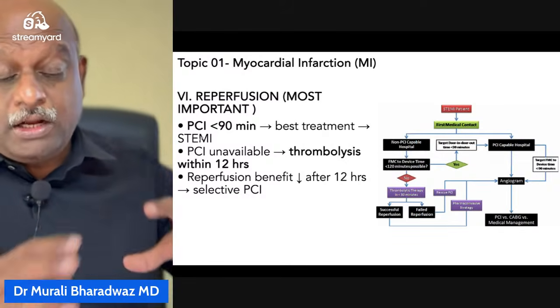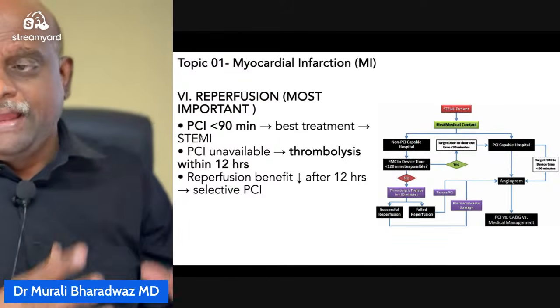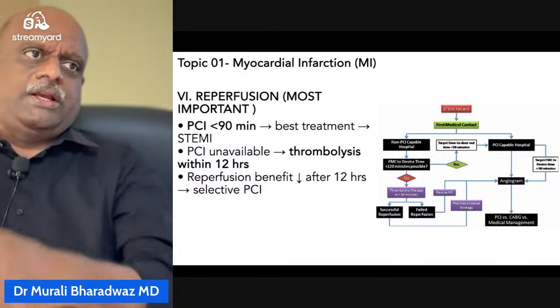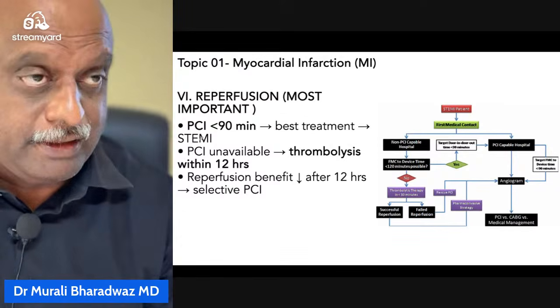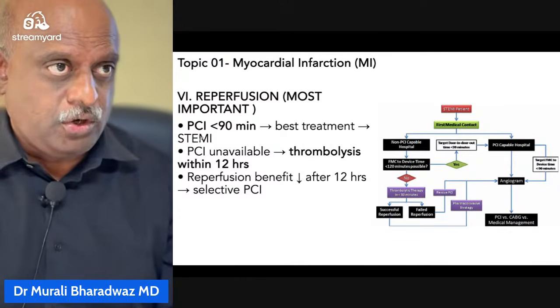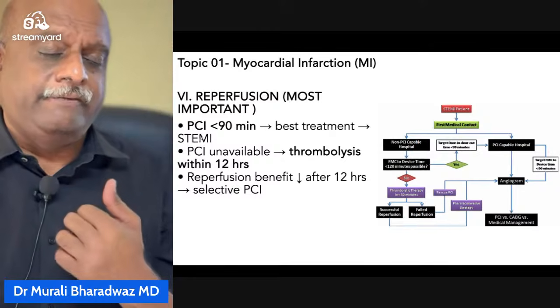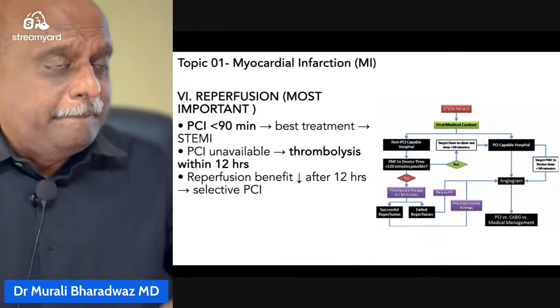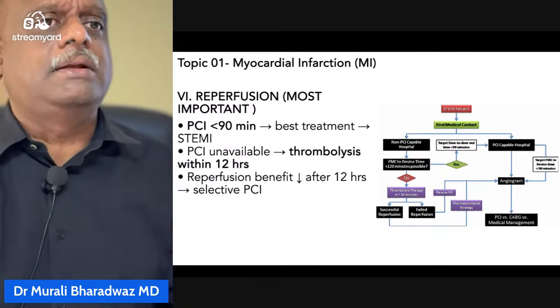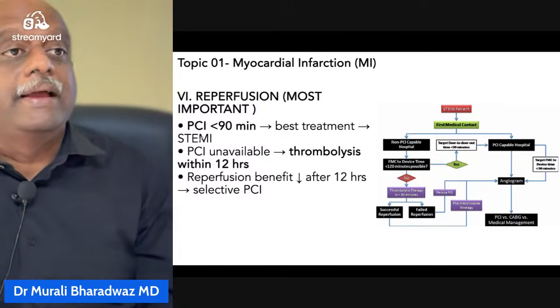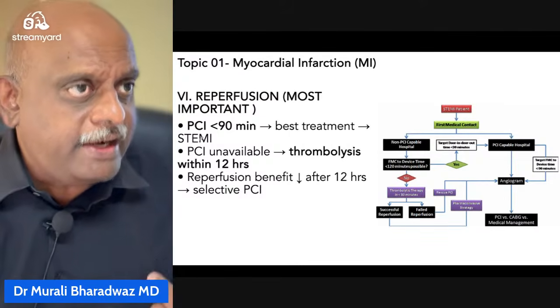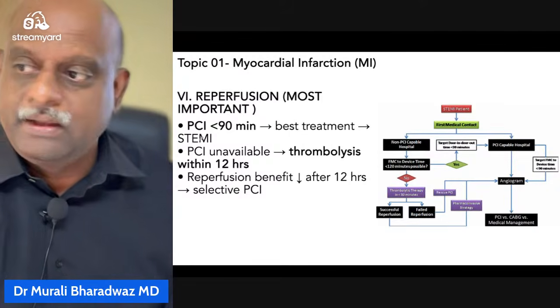Within how much time should you give PCI? Less than 90 minutes is the golden hour. Always remember in myocardial infarction, minute is equal to muscle: every minute, you are saving the muscle.